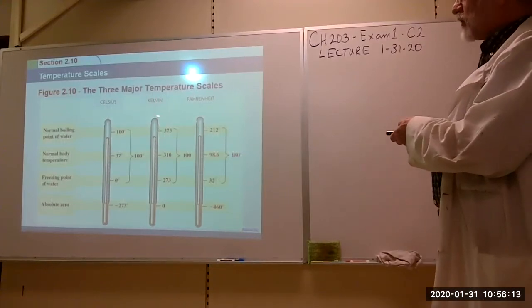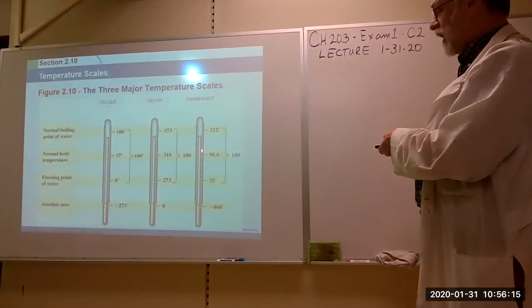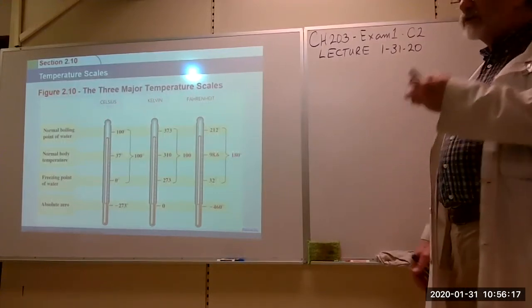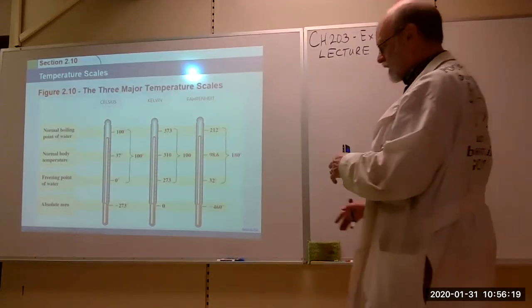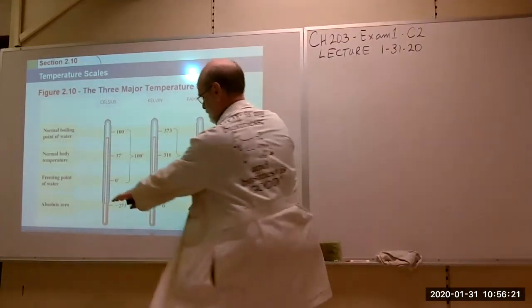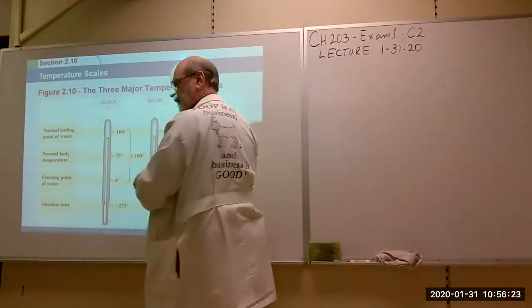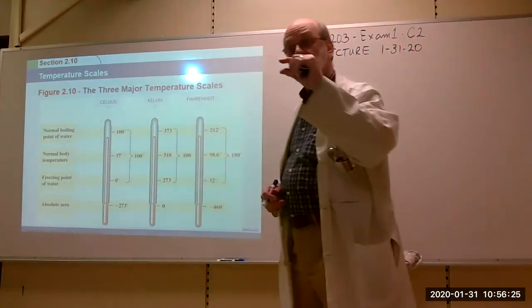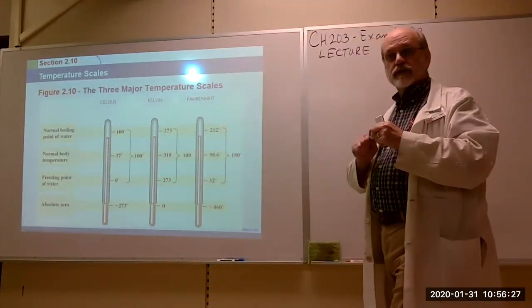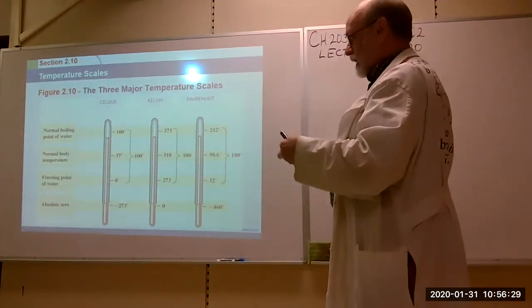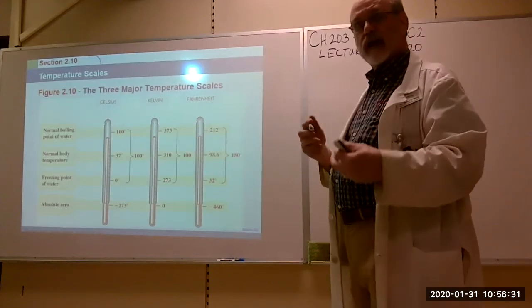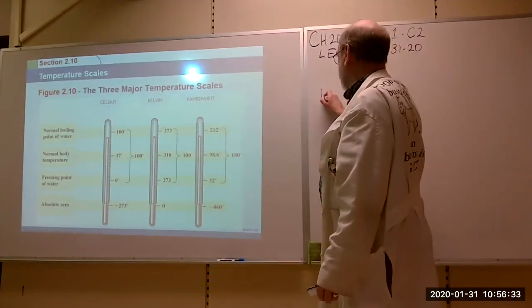And then the trick is converting Celsius and Fahrenheit, right? So we need two relationships there. Not only does the 0 point shift here, but the size, the unit of measure shifts, right? So in order to convert Celsius to Fahrenheit, you need a little more complicated formula.